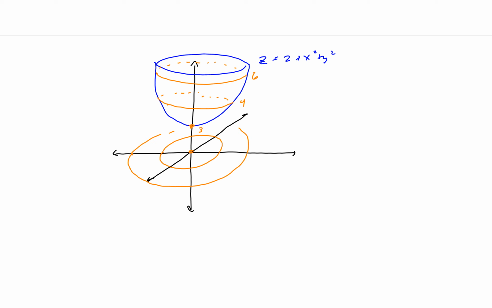And so you see, we're kind of just projecting this. So this is z is equal to 4. This is z is equal to 6. So you see, we're just projecting these down into the xy plane to represent the data.